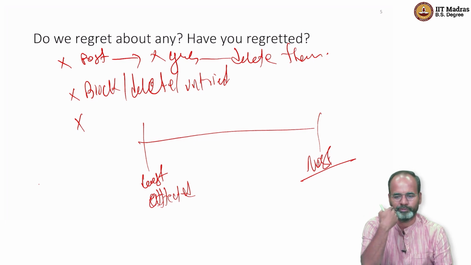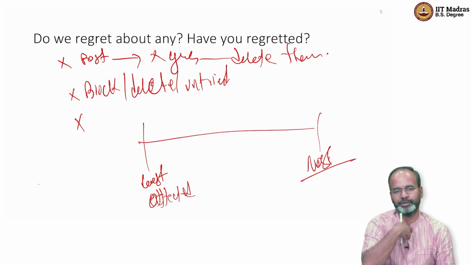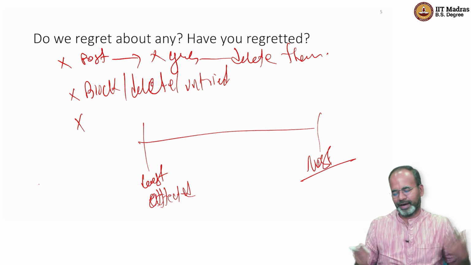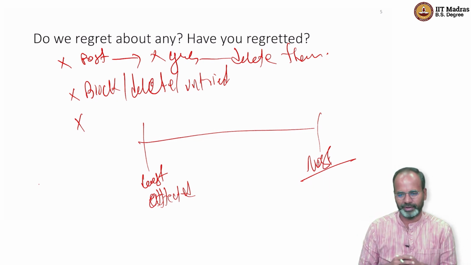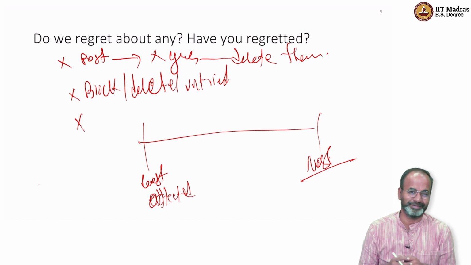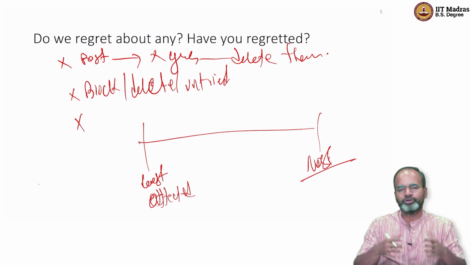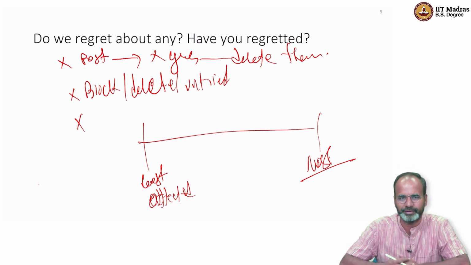Regrets can be of these kind of messages. Regrets can be of you posted something which troubled somebody. Regrets also could be, I've seen people share these kind of regrets, you posted a picture a few years back and you go look at the picture and say, did I really look like that? Let me just delete that picture. A very soft regret, so to say.